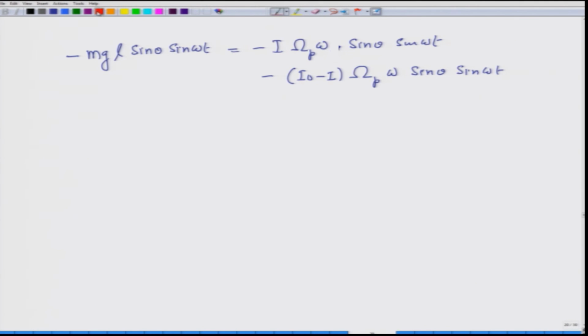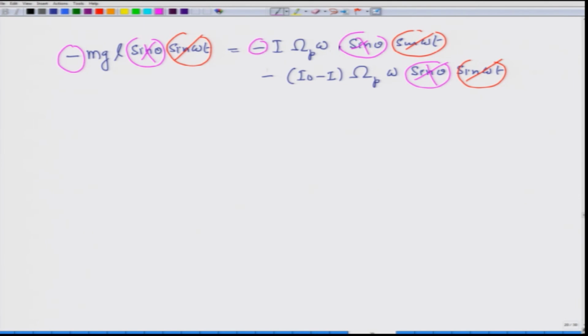So, now I can cancel sine omega t from both sides. I can cancel sine theta from both sides, and this minus sign also goes away, and therefore what I am left with is mgL is equal to I omega p omega plus I0 minus I omega p omega.